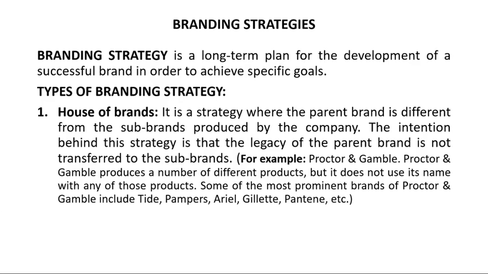So this kind of a branding strategy is where the image or goodwill that the parent brand has won't be transferred to the sub brands. They are separate. Okay, but there is a main parent brand. Under that you have small or sub brands. This is the first type of branding strategy.